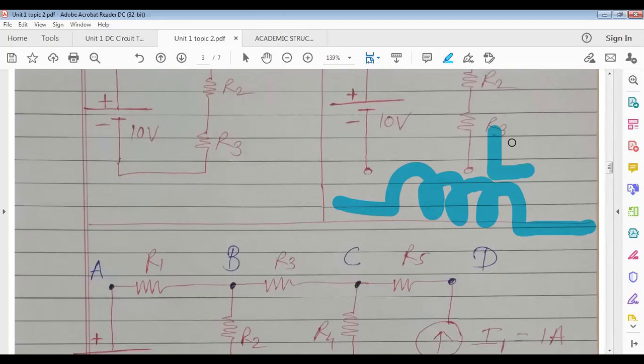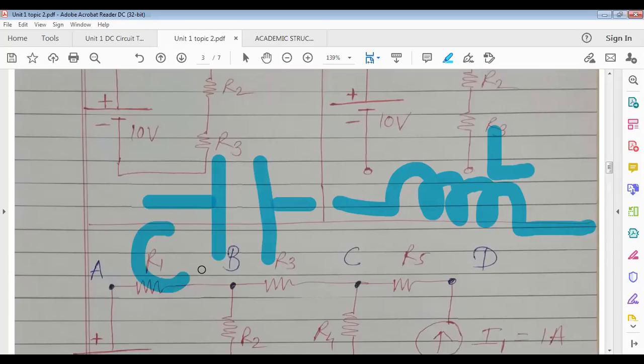Unit is Henry. One more circuit parameter is there, the capacitor. Capacitor, all of you know, what is the symbol for this? Two straight lines, and the symbol letter is C. Unit is farad, microfarad. Micro means into 10 to the power -6.